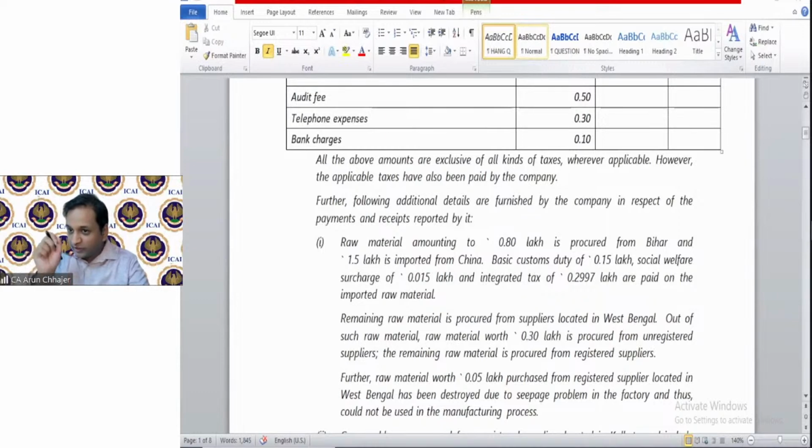So just one question. Why am I adding custom duty? Why am I adding surcharge? Please give me the reason why I am adding these taxes, custom duty, surcharge, to calculate IGST.